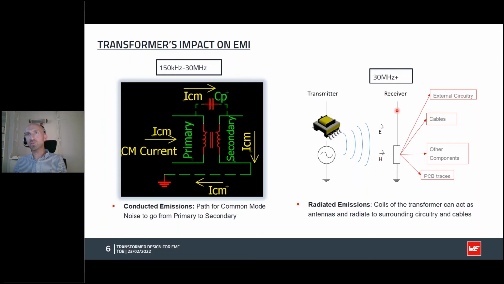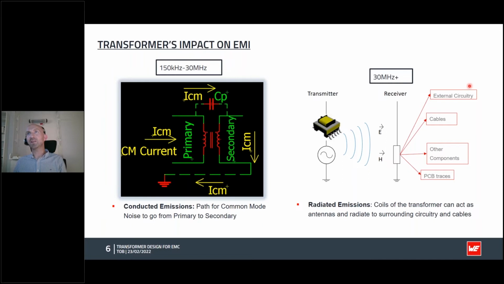And both of those are radiated out into nearby components and critically into the cables. So every application, unless I guess it's wireless, needs input cables and output cables, and these can be quite long. And if we have radiation that's coupled into them, then that's not good.